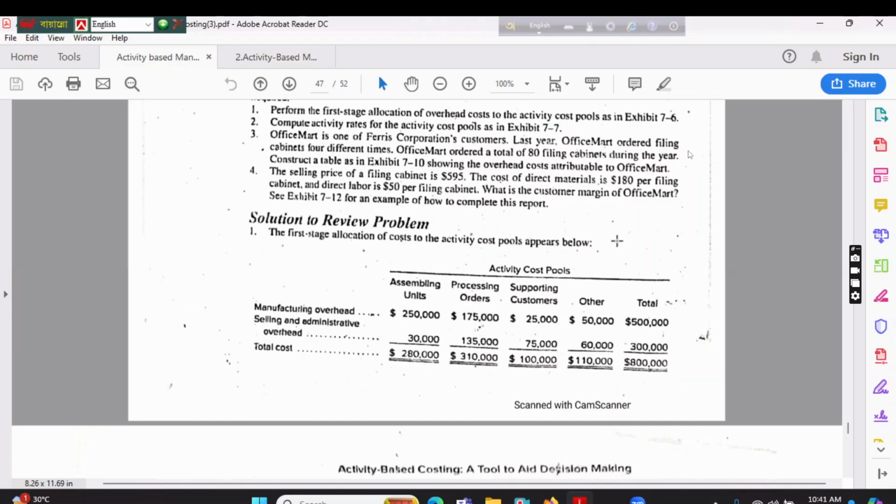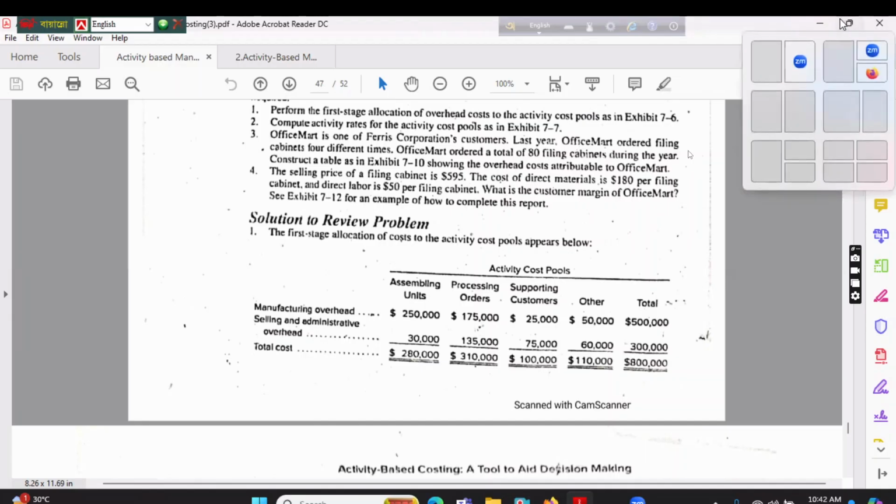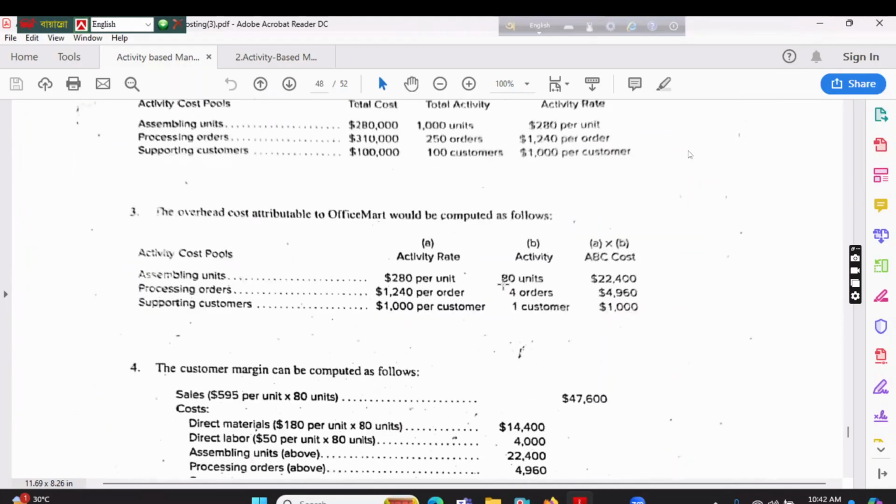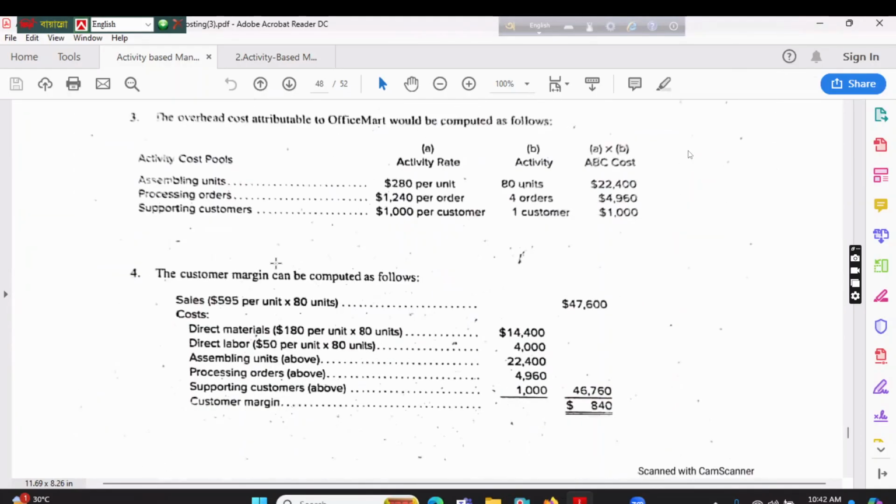Product margin is sales revenue from a particular product and cost for that product. Customer margin is revenue from a customer and cost for a customer. Customer margin means the income statement for a customer.